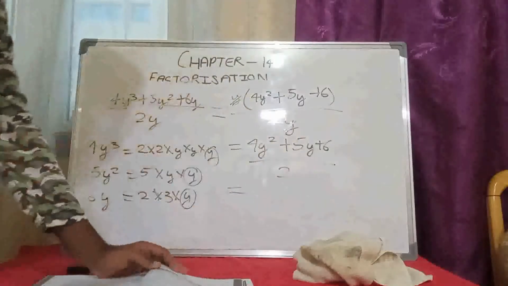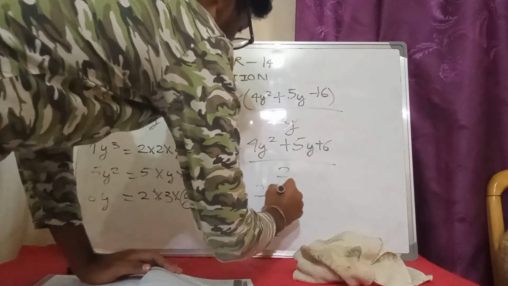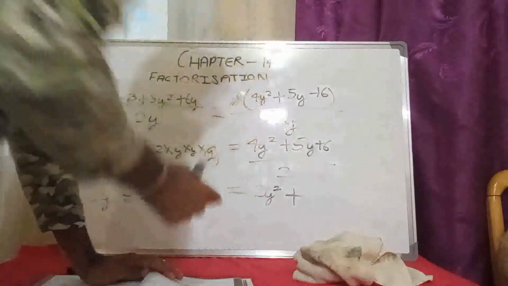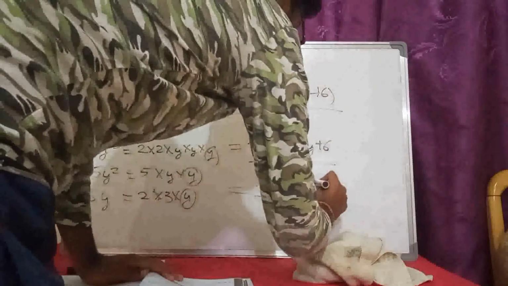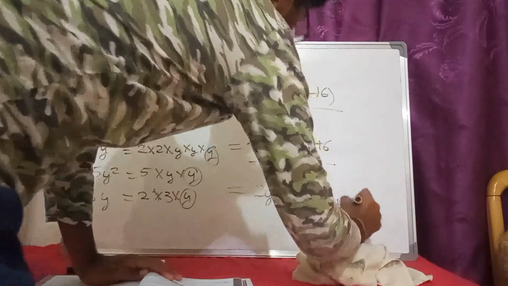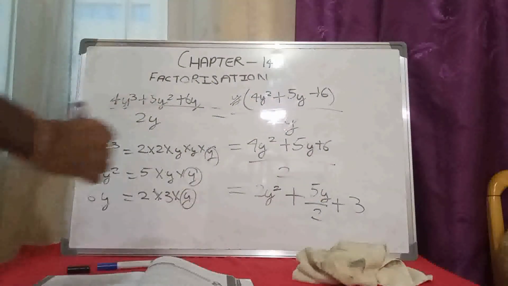So 4y square divided by 2 will give us 2y square. Then 5y divided by 2 stays as 5y divided by 2, and 6 divided by 2 equals 3. This is the answer: 2y square plus 5y by 2 plus 3.